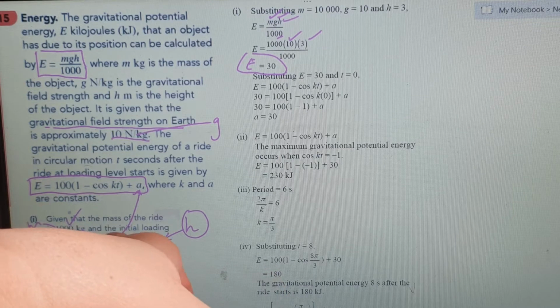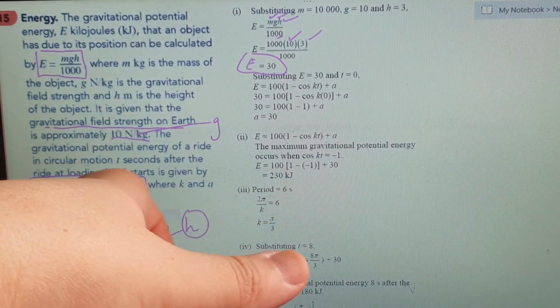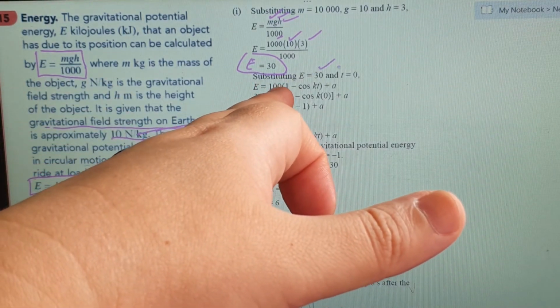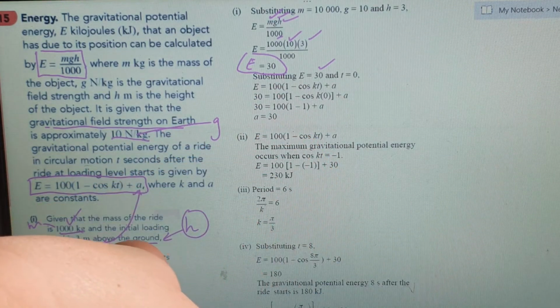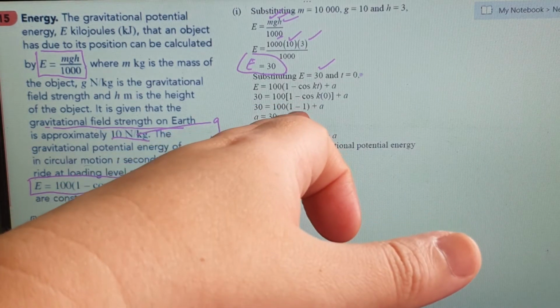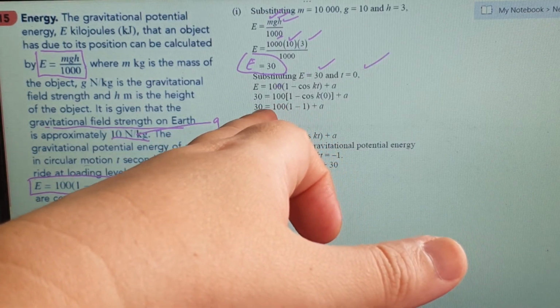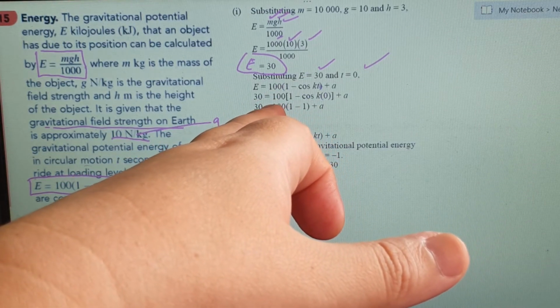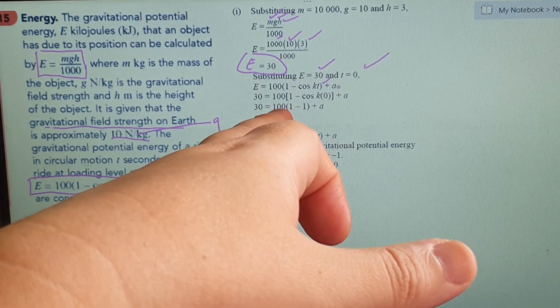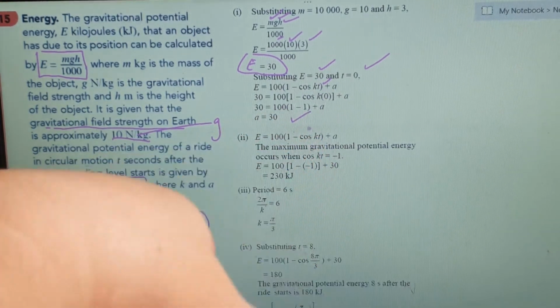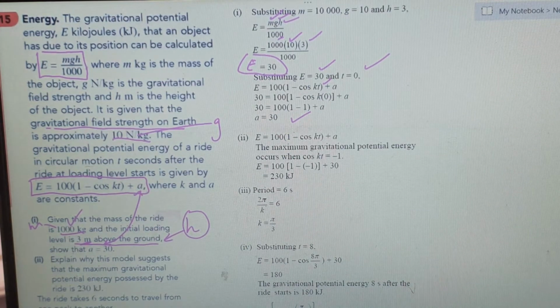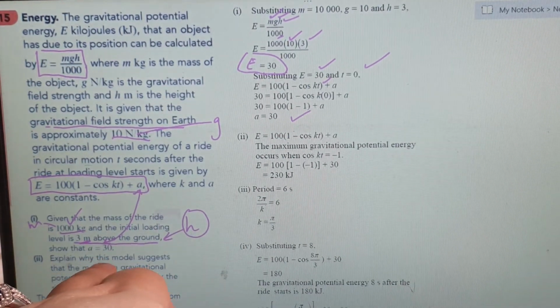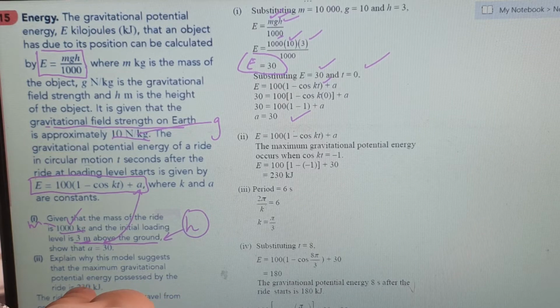So all this information will help you find E. After you have found E, you sub E in. Show that A equals this one, right? T equals 0, then the E is this. So you sub in and then you can find your A already. Finish.